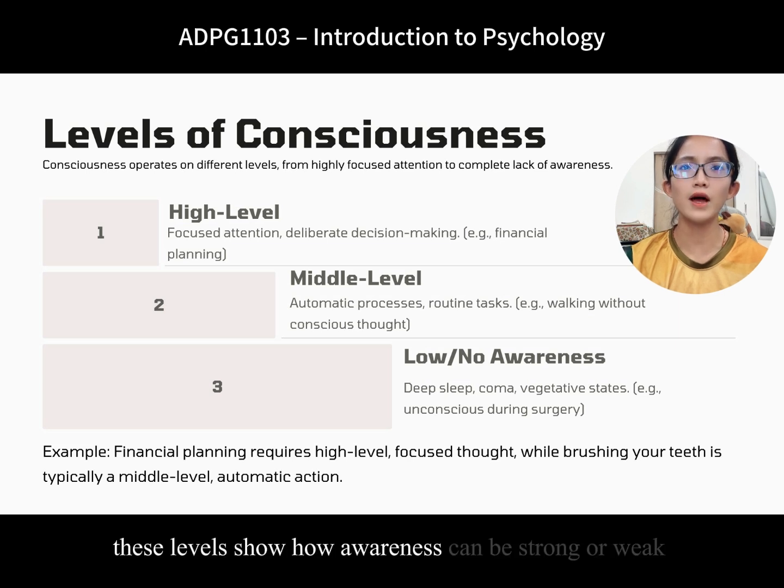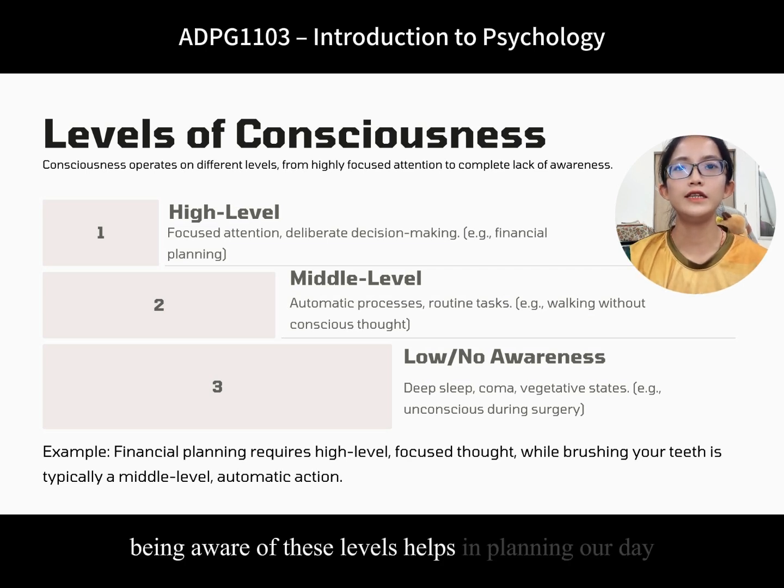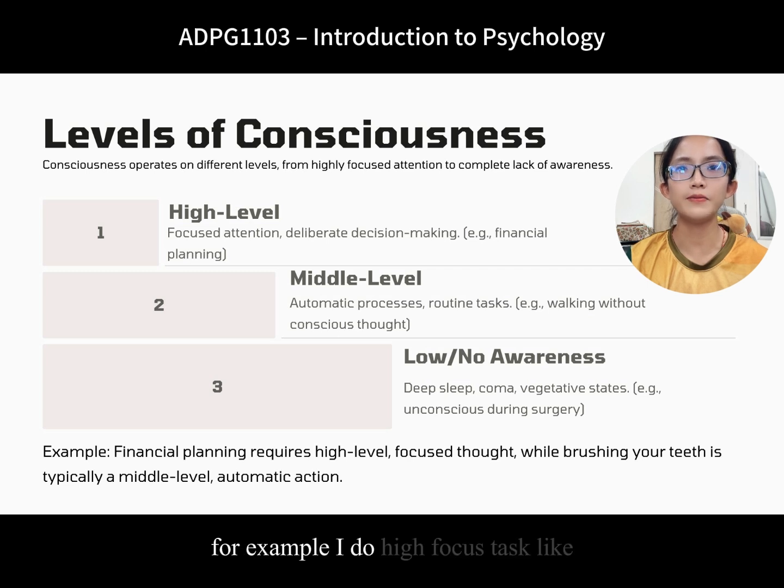This shows how awareness can be strong or weak depending on what we are doing. Being aware of these levels helps in planning our day. For example, I do high focus tasks like financial planning when I am most alert, and I leave room for things like arranging.